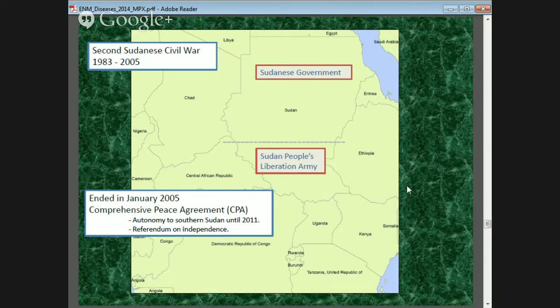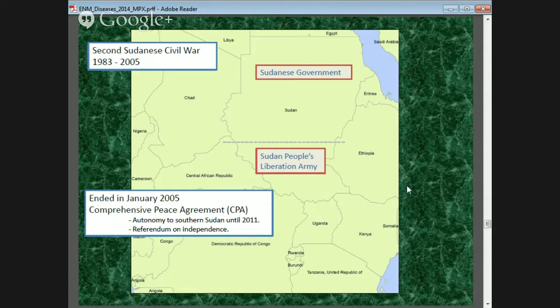Another point that has been talked about a lot is how humans can affect the distribution and dispersal of pathogens. So in this case it was very important to look into the situation in that area in terms of politics and human movement.